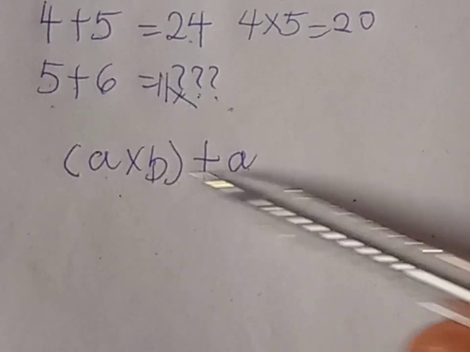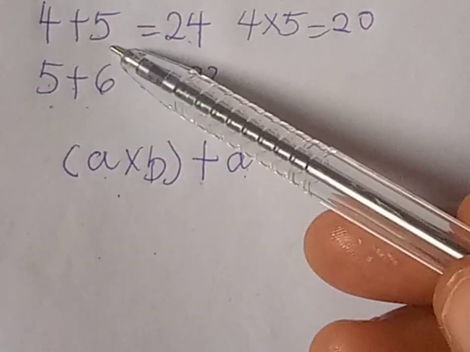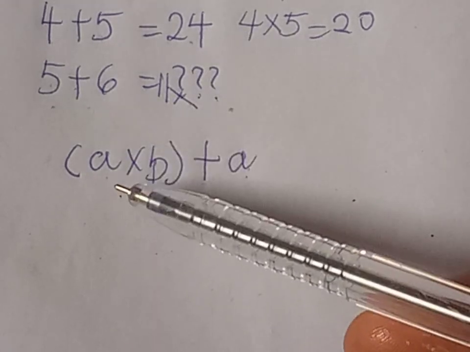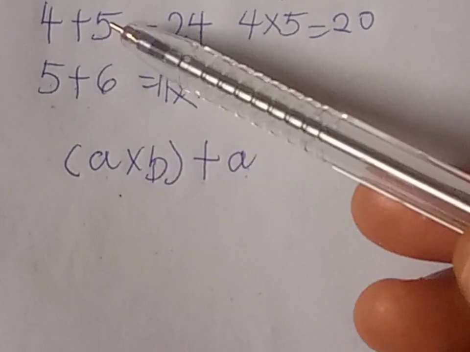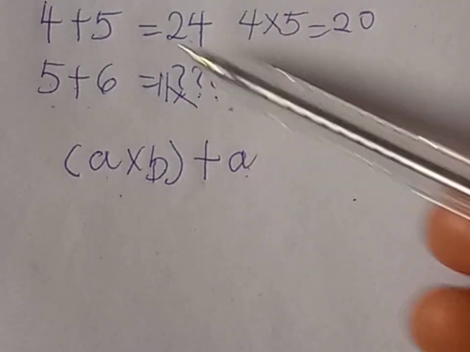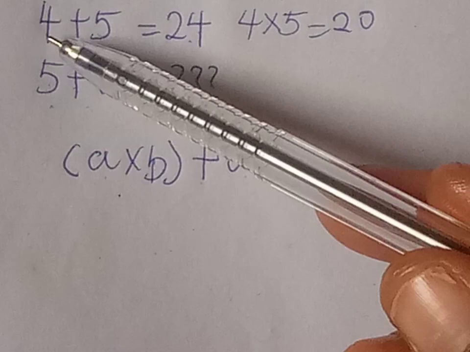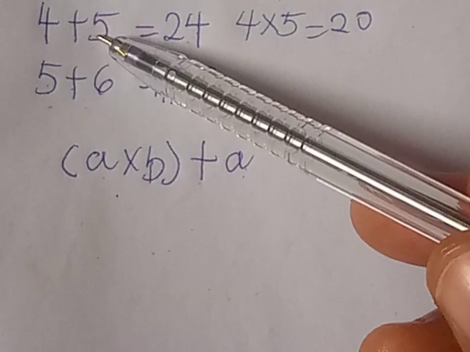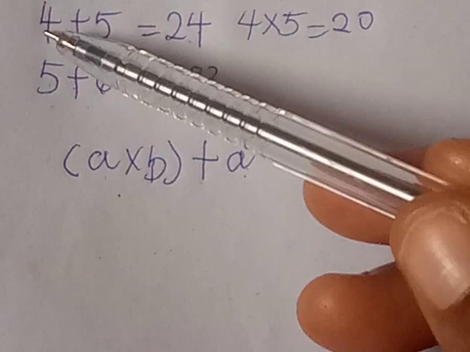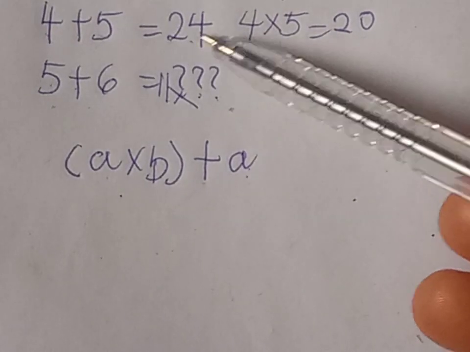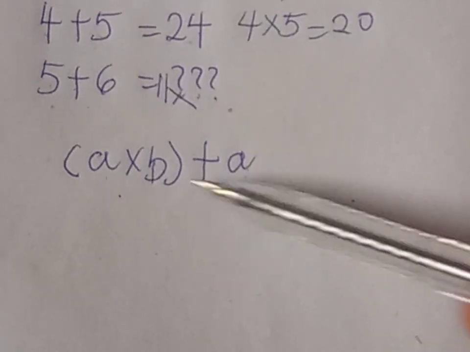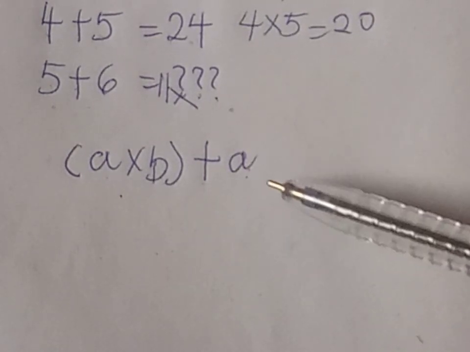Now let's test it once again for 4 plus 5 equals 24, where A is 4, B is 5, and then the A again is the 4. So we have what? 4 multiplied by 5, which will give us 20, plus 4, which will give us 24. This rule works perfectly for this puzzle.